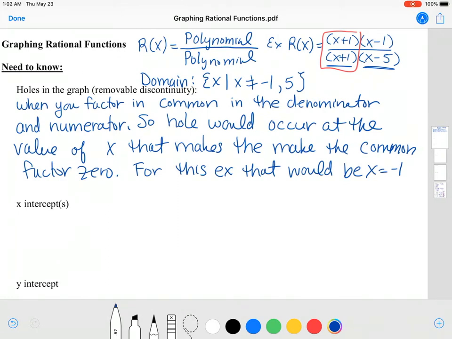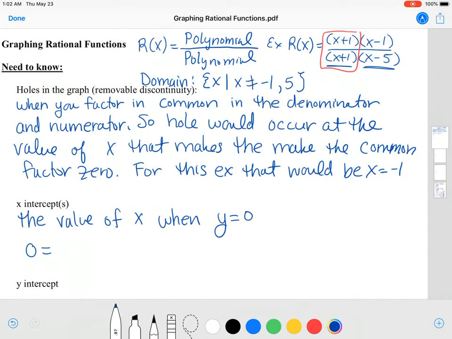Okay, so for x-intercepts, if you recall, the x-intercept is the value of x when y is equal to 0. So what you want to do when you're finding the x-intercepts of a rational function is set that rational function equal to 0.